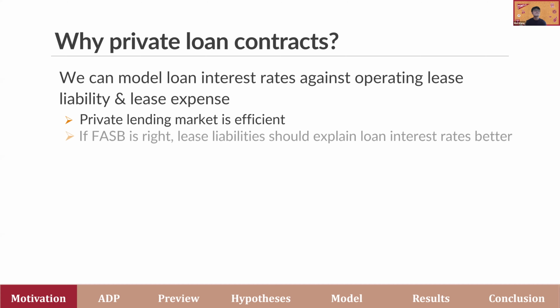Most lenders are. Now, if FASB were right, the lease liabilities should explain loan interest rates better than lease expense, because that's how you can see that these liabilities on balance sheet recognition provide additional information to lenders. Lenders have private information. There is no reason, in my point of view, to believe that lenders wouldn't want to use capitalization if they found it to be useful, right?